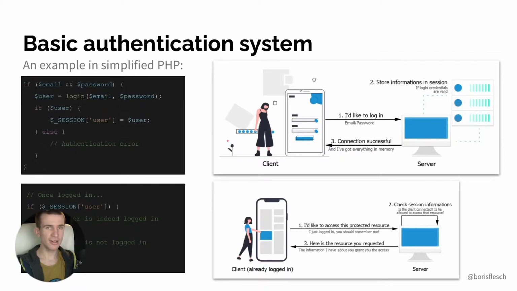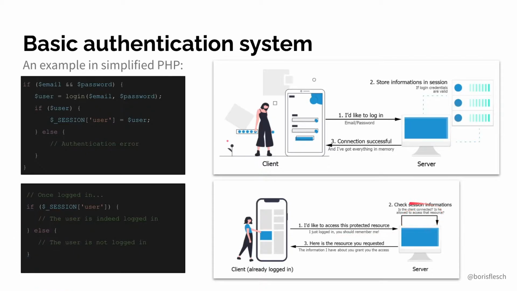And once the user is logged in, the server can just check the session variable to know whether the user is still logged in the system or if he needs to log in again. And that's this other principle here, where a client is already logged in and can try to access some protected resource. He will tell the server, I'd like to access this protected resource, and I just logged in, so you should remember me.